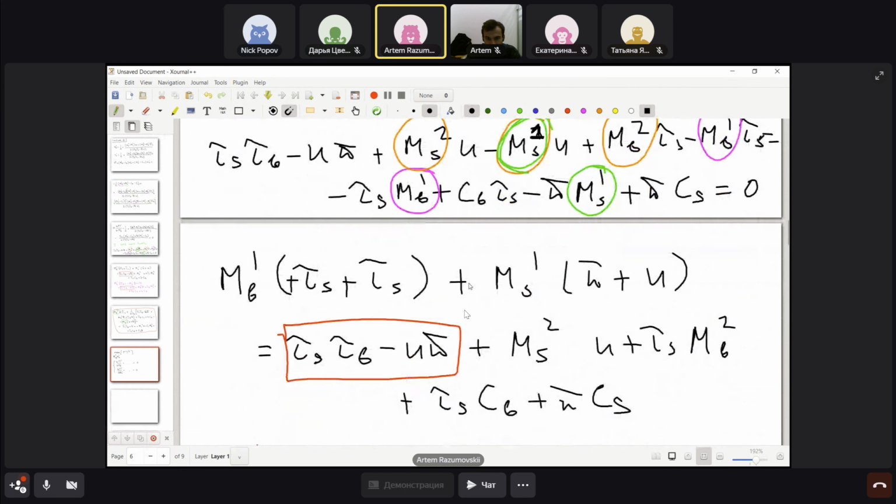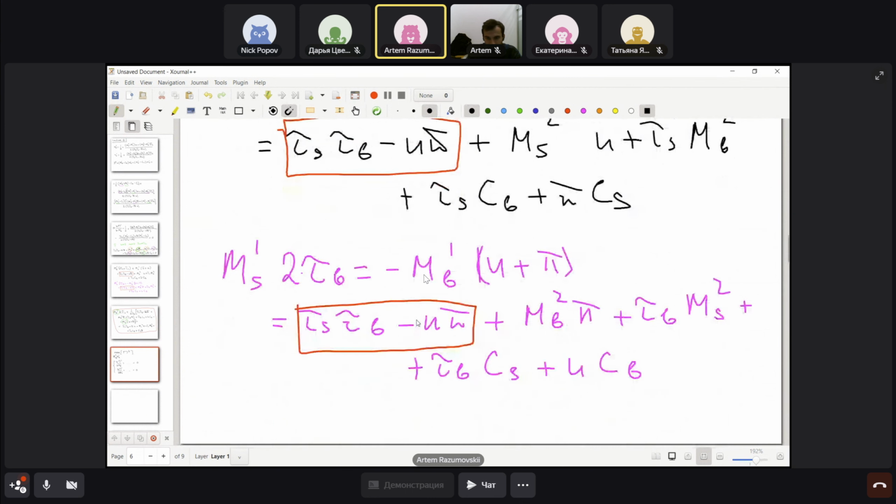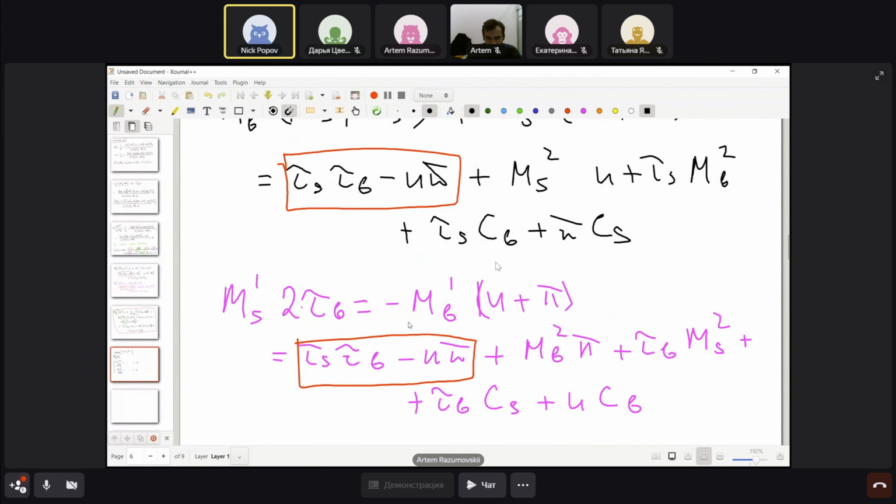So then I receive this equation, which was got from the buyers, the first order conditions for buyers. And then with violet color, I write it for sellers, with substituted indexes. Okay, I see. And then I try to put one into another. Okay, now I see. Thank you.